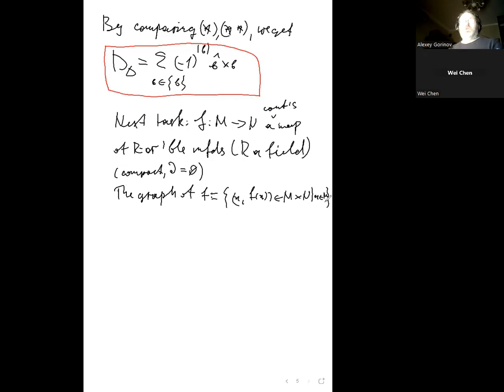Let's recall what this is. It's the set of all (x, f(x)) inside M cross N, and let's denote this graph as G of f.